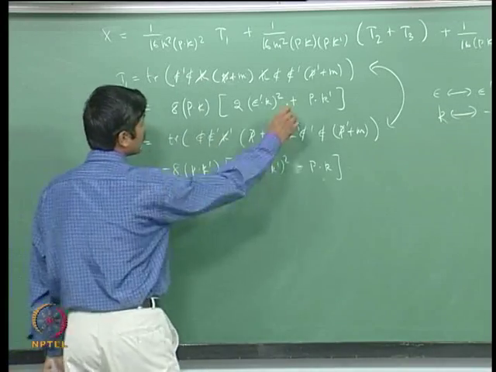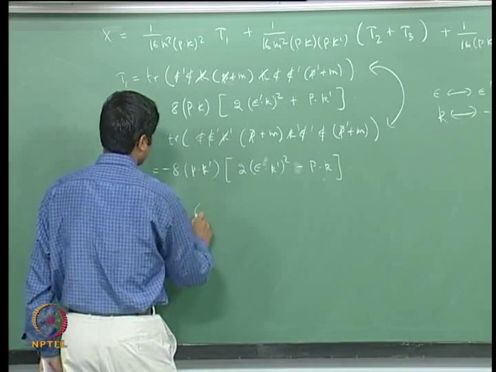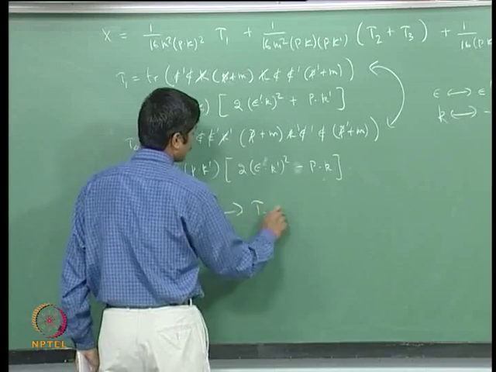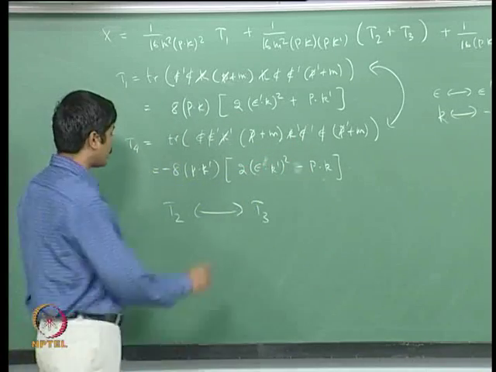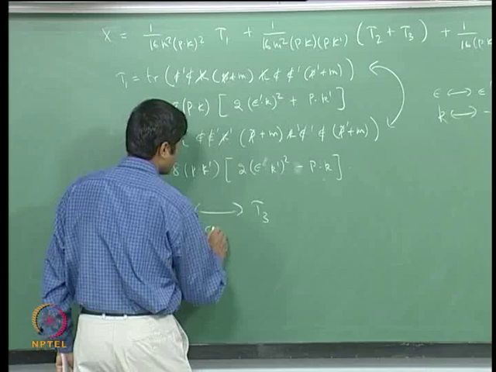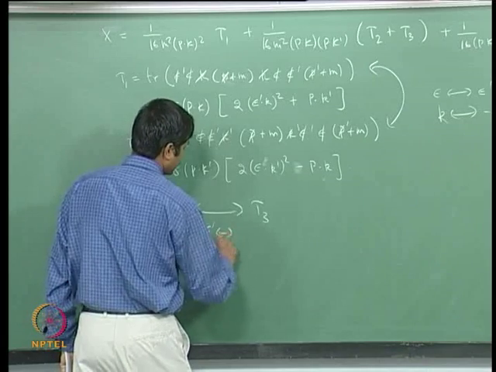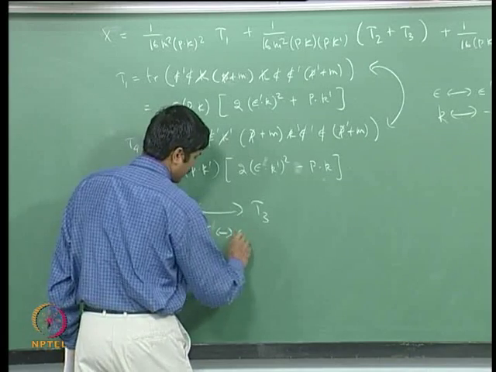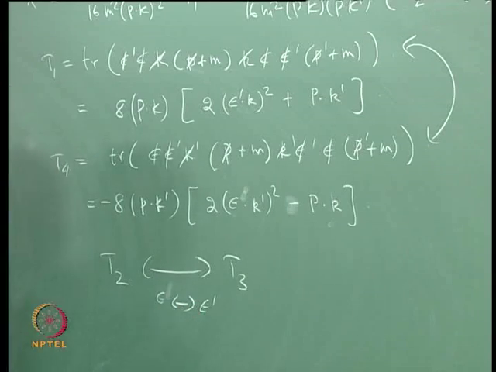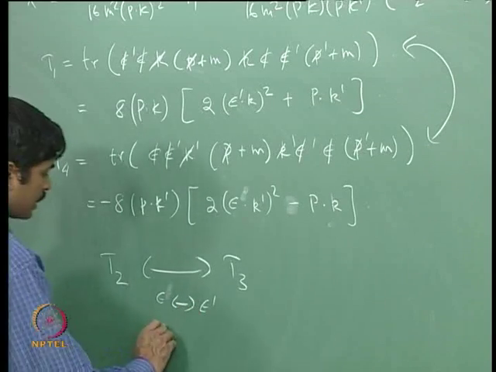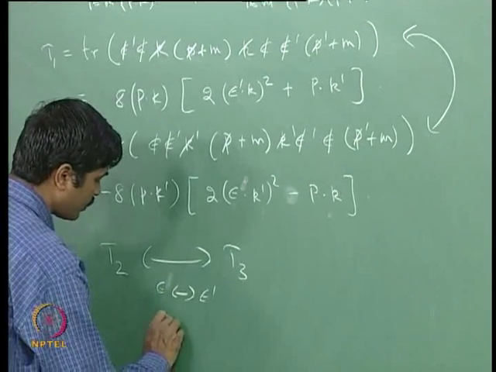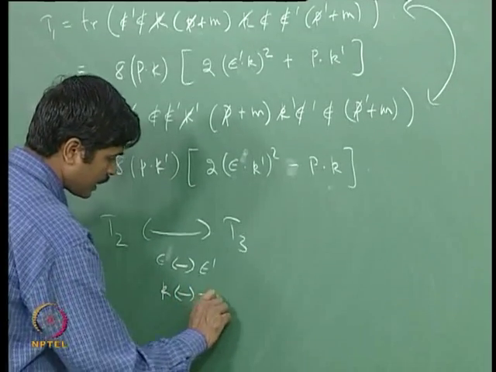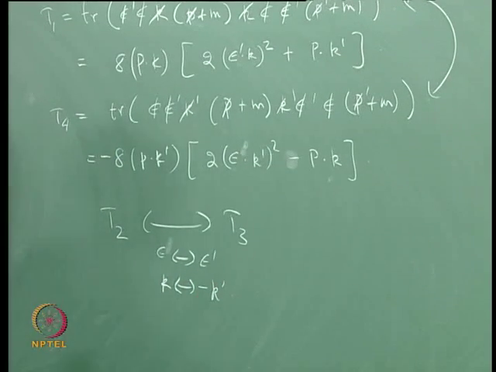Similarly, you can see that T2 and T3 are also related by the same symmetry. If you consider exchange of the photon polarization and the momentum with a minus sign, k goes to minus k', then T2 is related to T3.